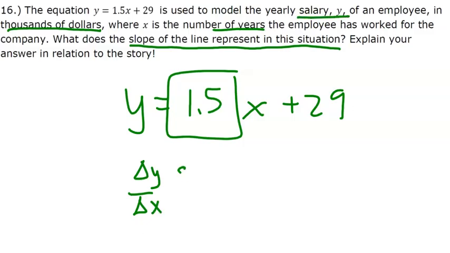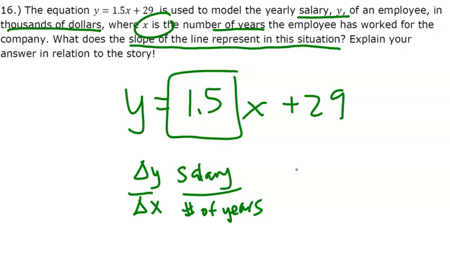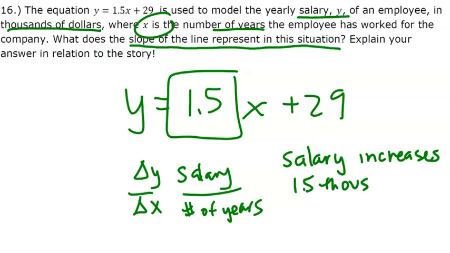And we know that y is salary, and we know that x is the number of years. So we know that 1.5 is the increase in the salary. And since it says it's in thousands of dollars, we can say the salary increases $1,500 each year.